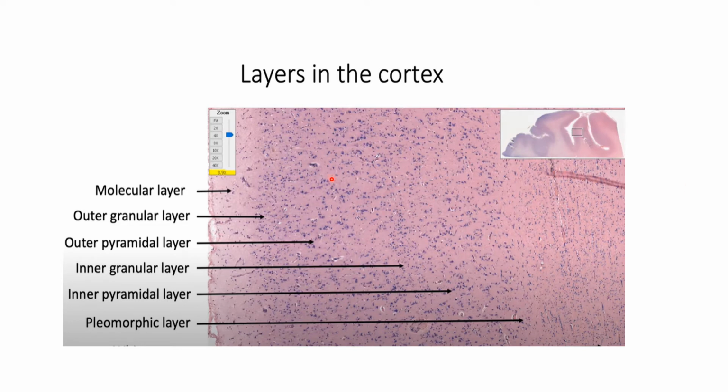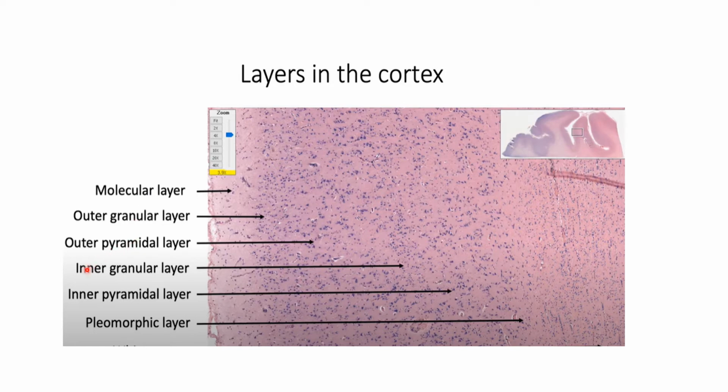This is to show you, this is the molecular layer, lightly stained, the outer granular layer, which has the stellate cells, granule cells, and the outer pyramidal layer, which has the small pyramidal cells, then the inner granular layer. So first you remember molecular, outer granular and outer pyramidal.